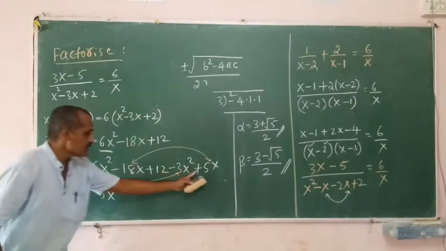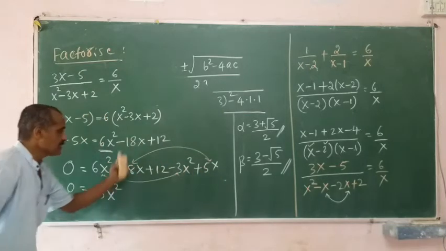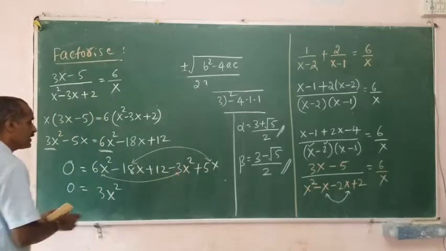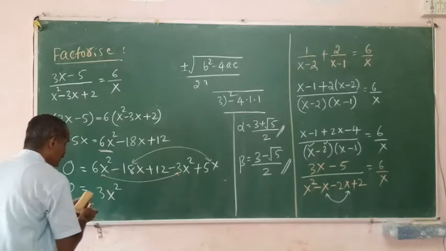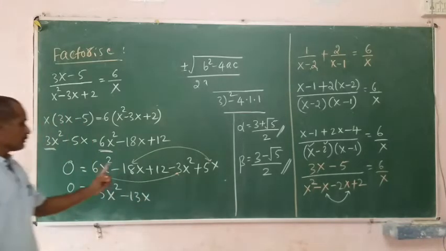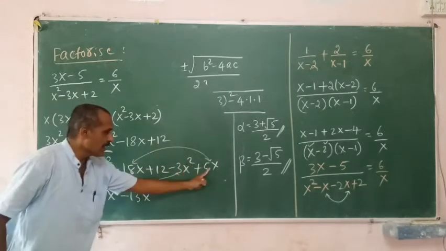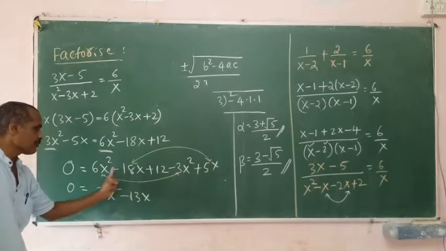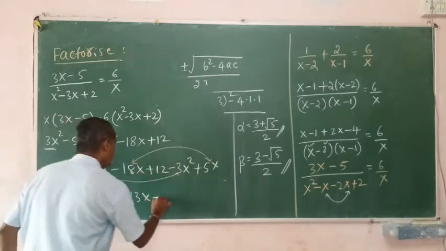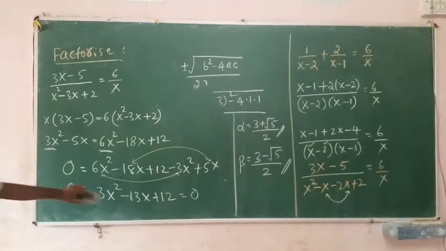See, 1 plus 1 minus, bigger number minus smaller number. 18 minus 5 is equals to 13 with the sign of the bigger number. It is minus 13x. See, 1 plus 1 minus, don't see the sign. 18 minus 5, 13, give the sign of the bigger number. Okay. Plus 12 is equals to 0. Plus 12 is plus 12.